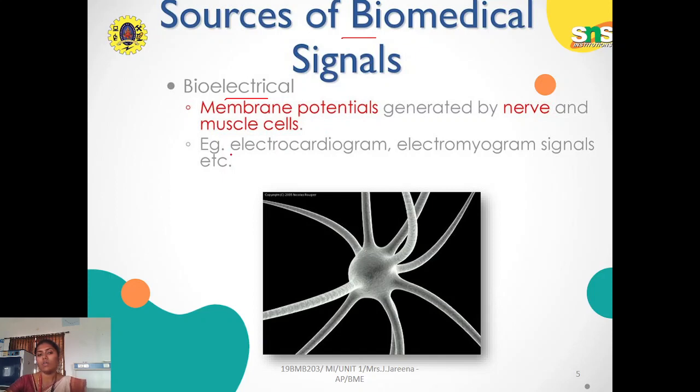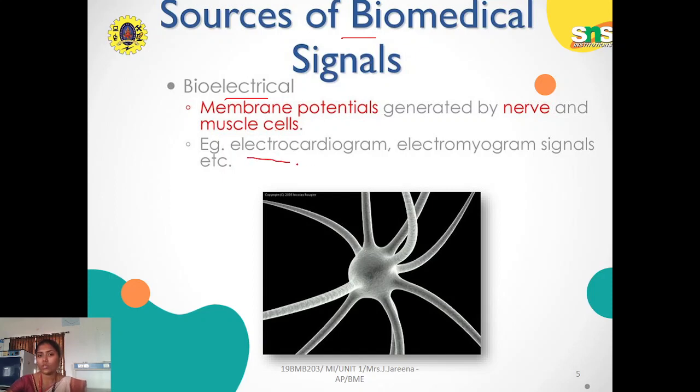By measuring these action potentials, we have different types of analyzing methods, and even different types of machine devices, to measure these membrane potentials to assess the functioning of a particular organ.